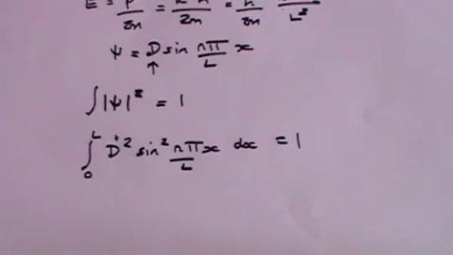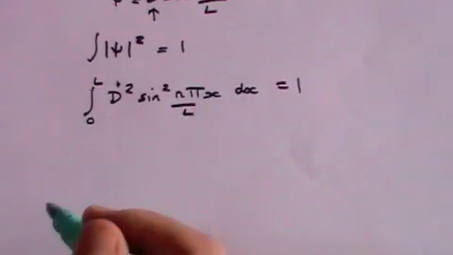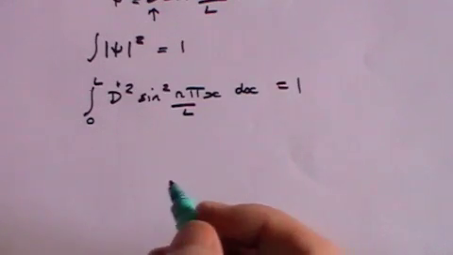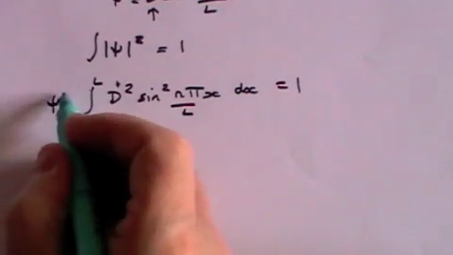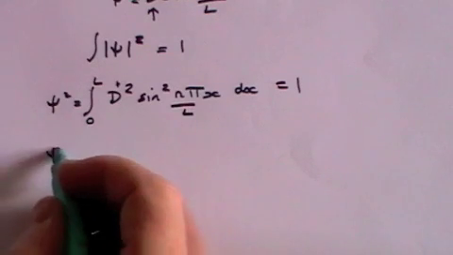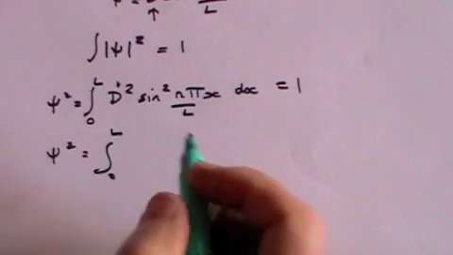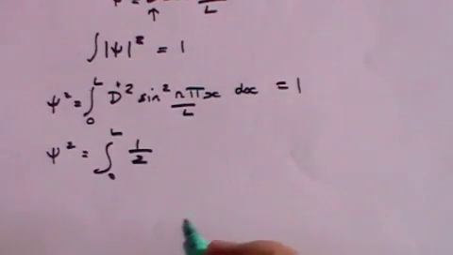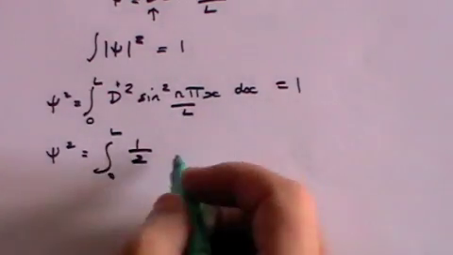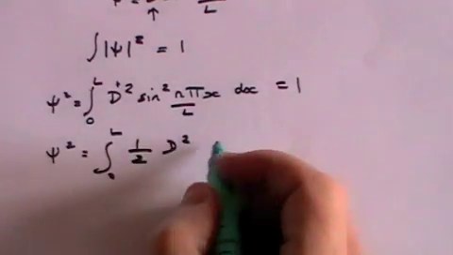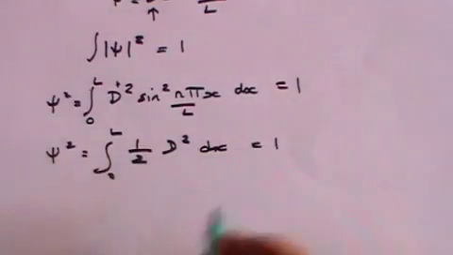Now, the integral of a sine squared term has an average of 1/2. So the integral is from 0 to L of 1/2, which is the sine squared term, times D squared dx, and that must equal 1.